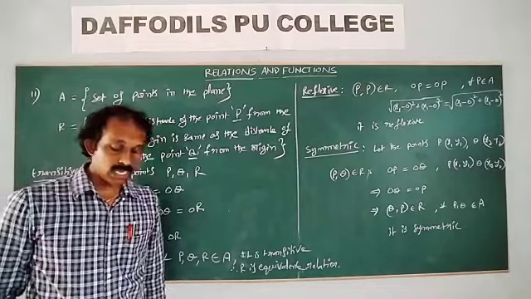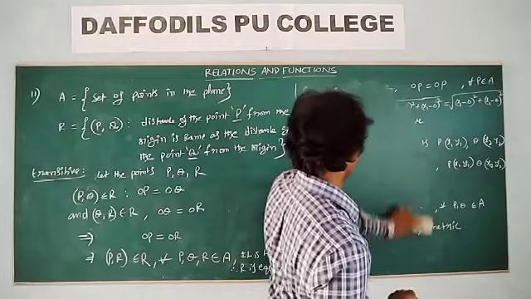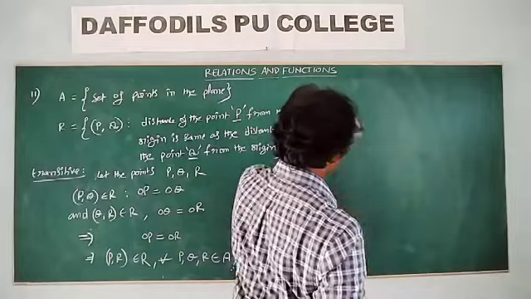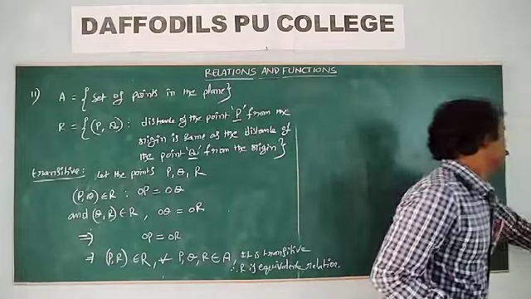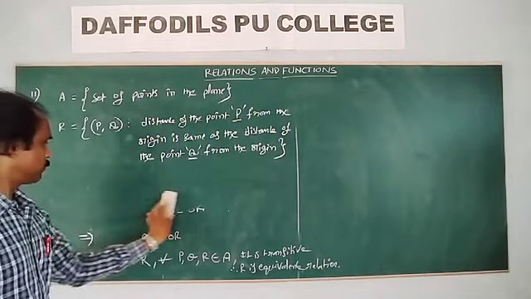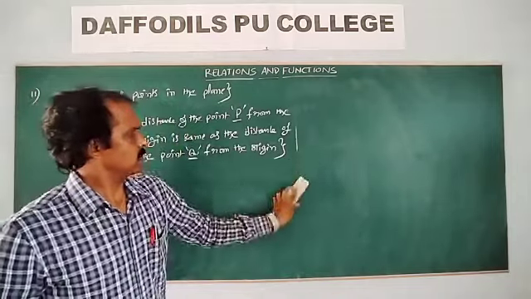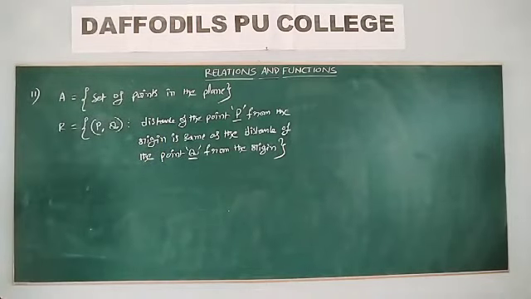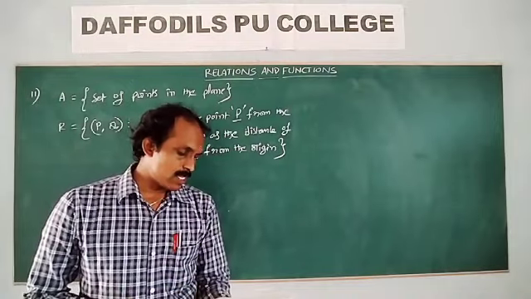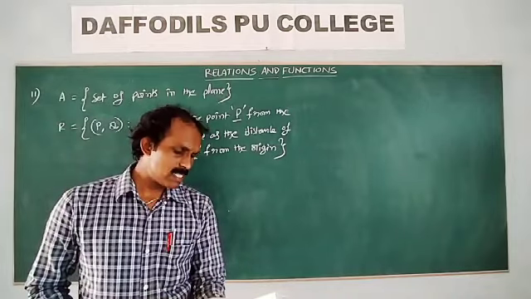Still some is there? Okay. Further show that the set of all points related to a point P is the circle.